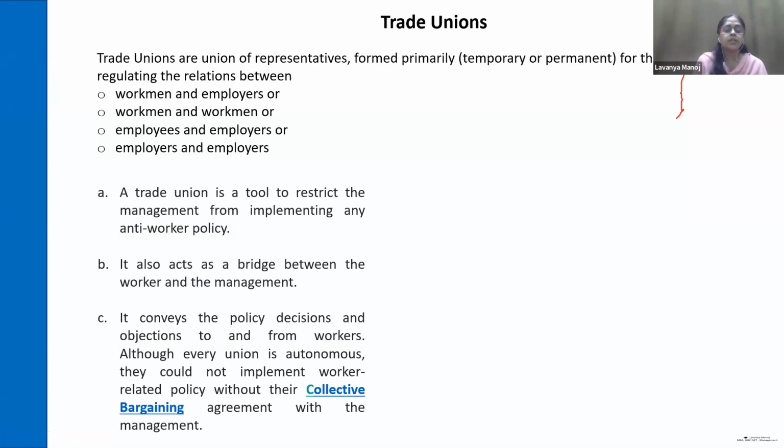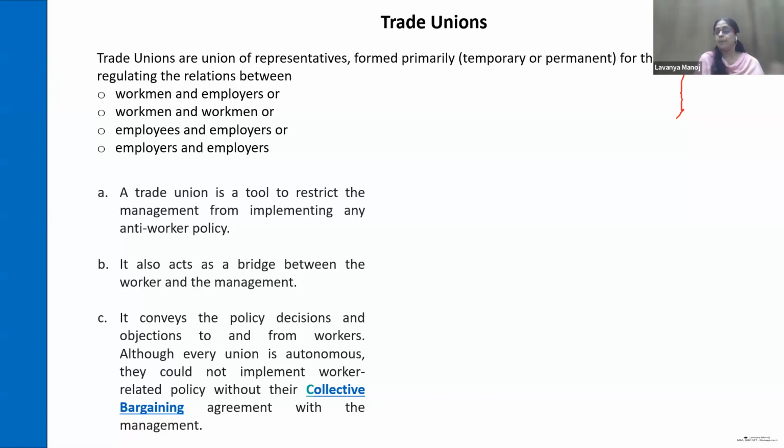It's a tool to restrict the management from implementing any anti-worker policy: cutting down wages, cutting down leaves, increasing working hours, making them work even on national holidays or public holidays. These are anti-worker policies.